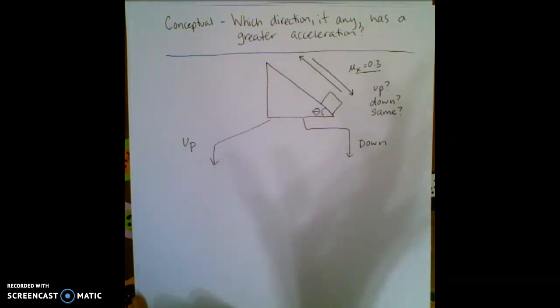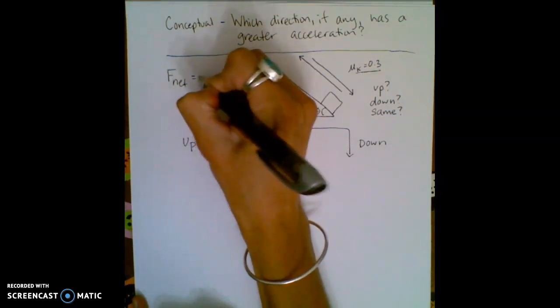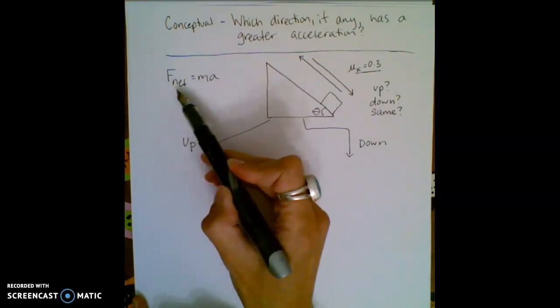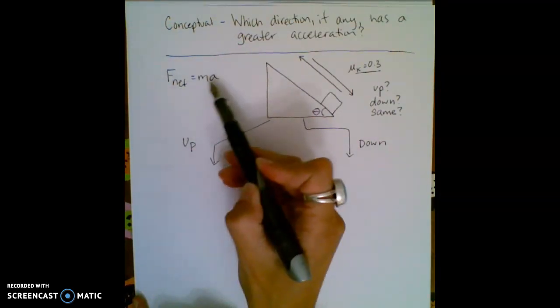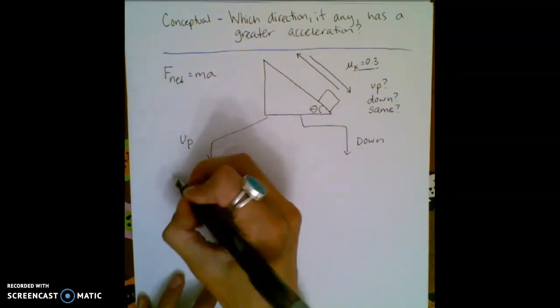The mass isn't going to change, because remember, F net is equal to ma. So if the mass is a constant, the one with the larger F net, if any, is going to have a greater acceleration. Okay, cool. So here's my free body diagram for up the incline.